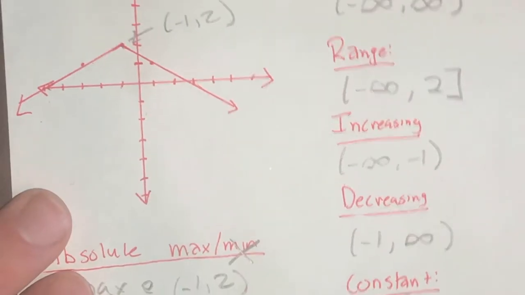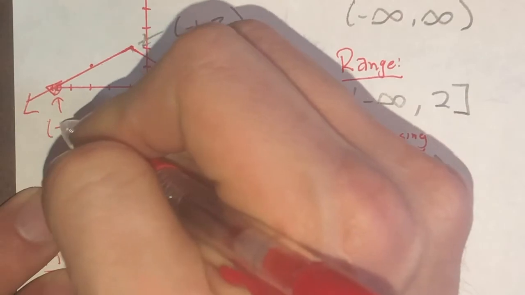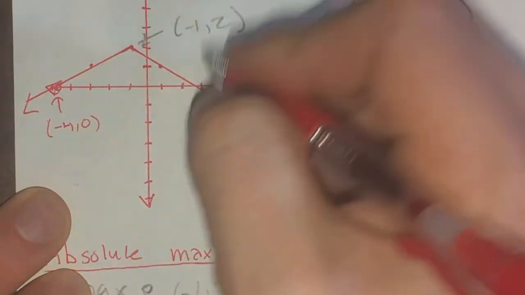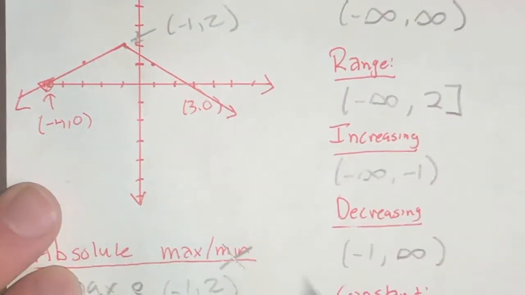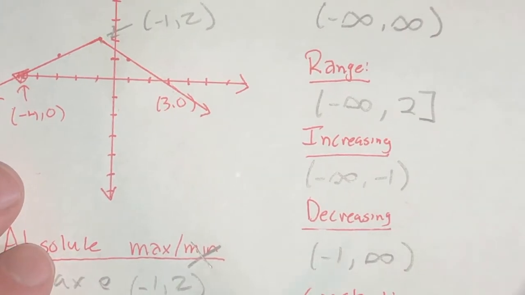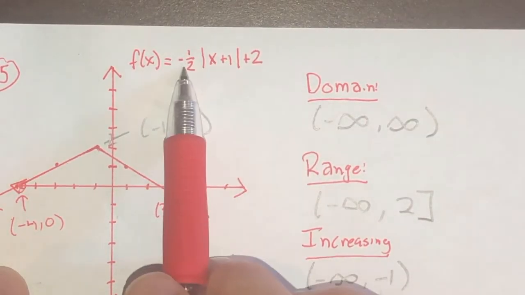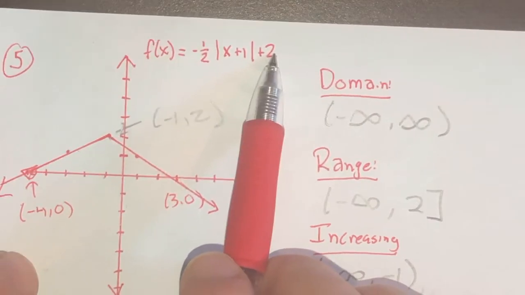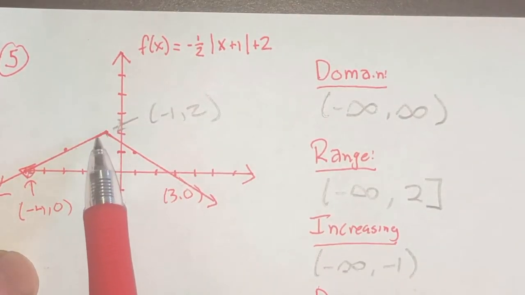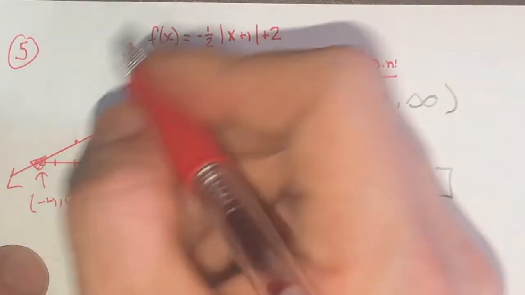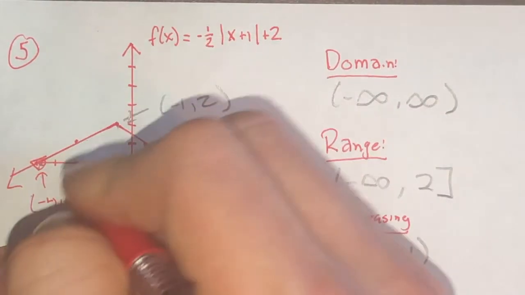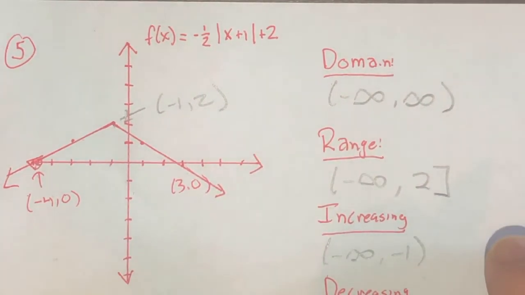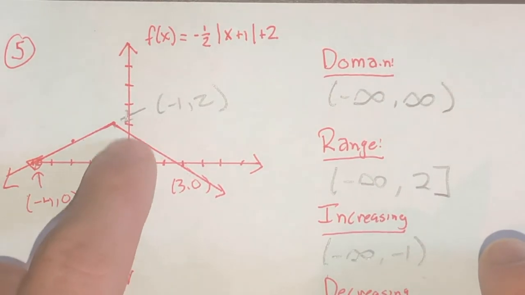So remember, I told you, and this was supposed to be a helpful hint here. So we have (-4, 0) and this is (3, 0). Because think about it. Actually, let's just make sure. I'm sorry, this is not negative 4. Let me see. I have (-1, 2).